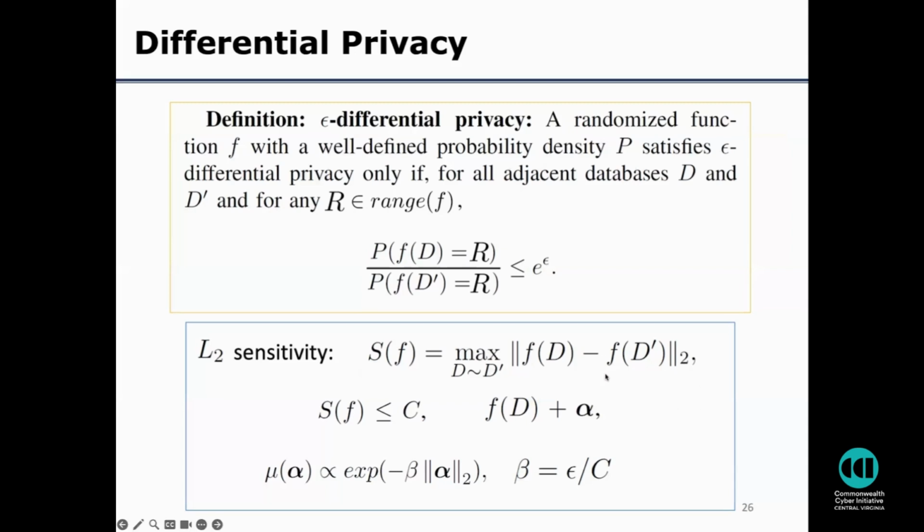Given such a function f with L2 sensitivity less than C, one approach to achieve epsilon differential privacy is to perturb the output by adding a noise vector alpha, where alpha is generated randomly according to this probability density function.